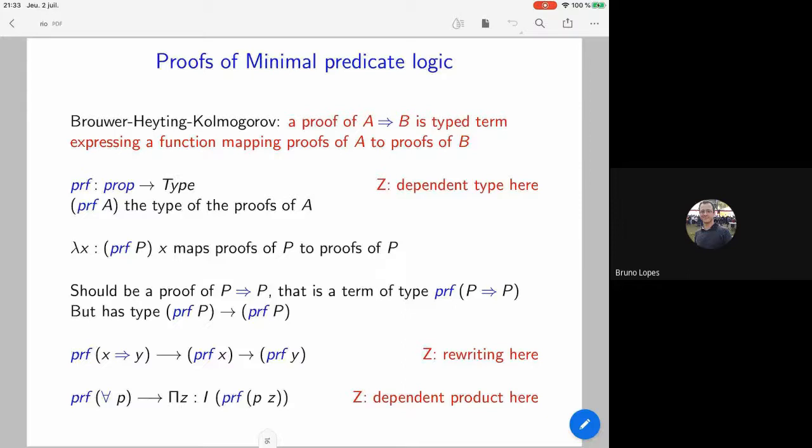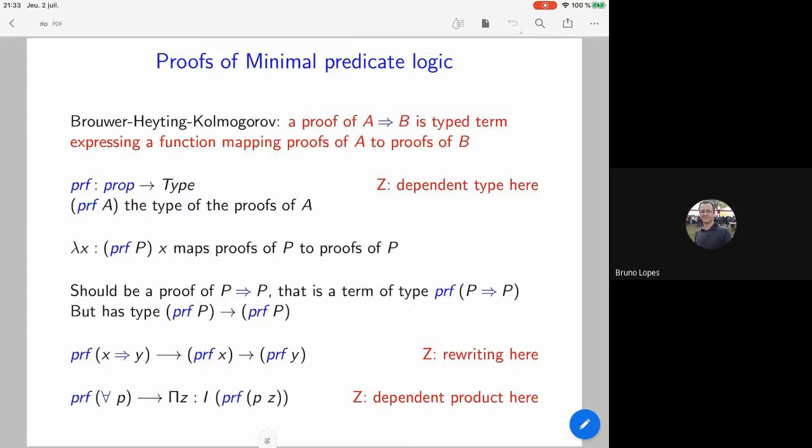So now we want to identify the proofs of X implies Y and the functional type. So this is the type of the proofs of X implies Y, this type proof of X implies Y. And we want to identify this type with the functional type proof of X, arrow, proof of Y. And here we have to use another feature of Dedukti, which is that Dedukti allows the declaration not only of constants, not only of variables, but also of rewrite rules, of computation rules.